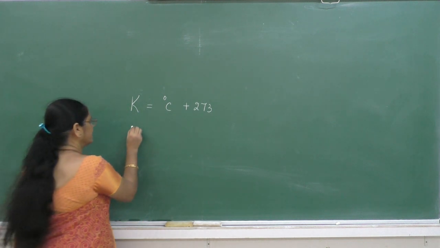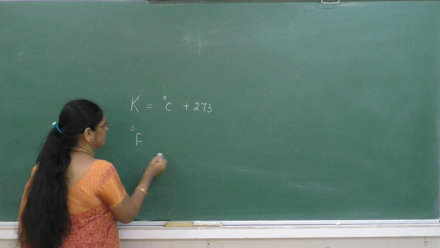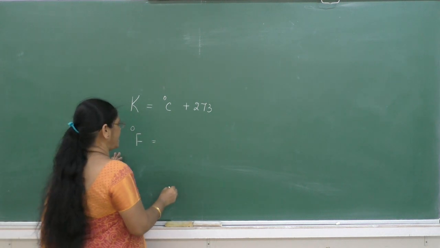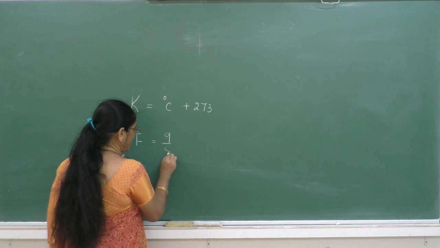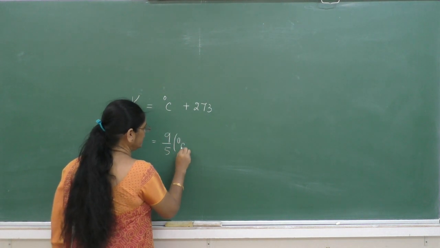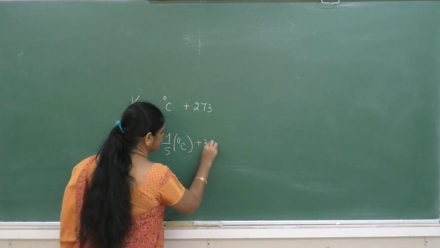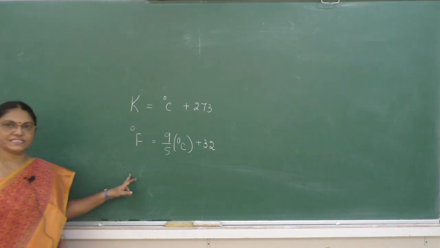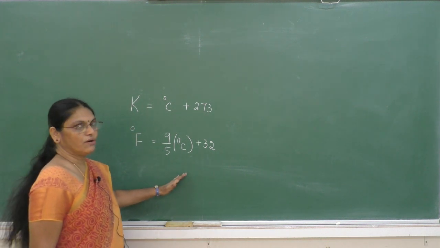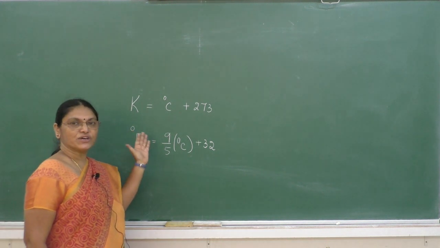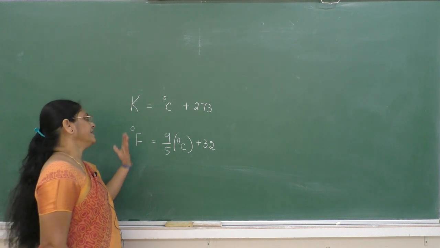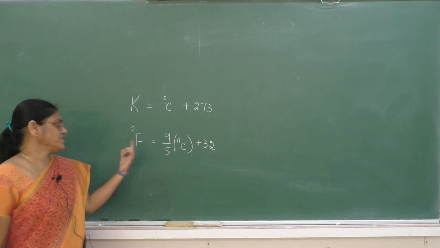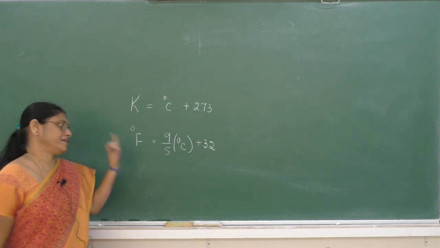Degree Fahrenheit is related to degree Celsius as 9/5 of degree Celsius plus 32. Now let us consider conversions of temperature from degree Celsius to Kelvin and degree Celsius to Fahrenheit.